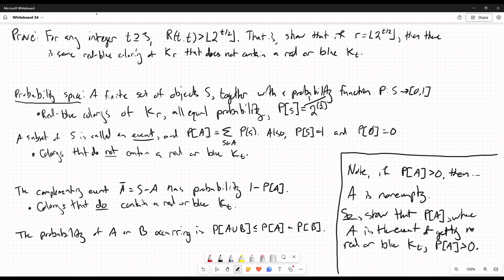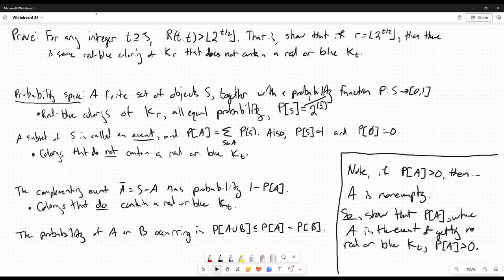One last thing that we need to do before we jump into the probabilistic method is talk about some addition properties. The probability of A or B, or maybe both occurring, is going to be less than or equal to the probability of A plus the probability of B. And this extends to any number of events too. The reason is that if I take the union of A and B, that's going to be everything in A and everything in B, but then we're double counting a bunch of stuff.